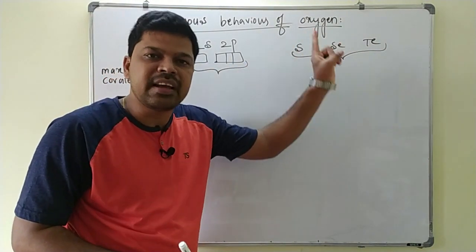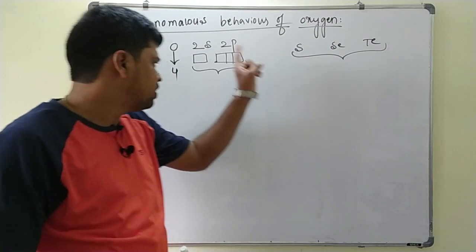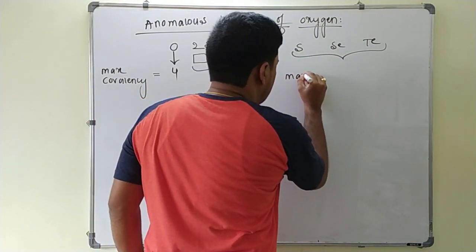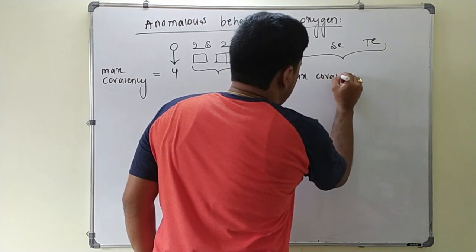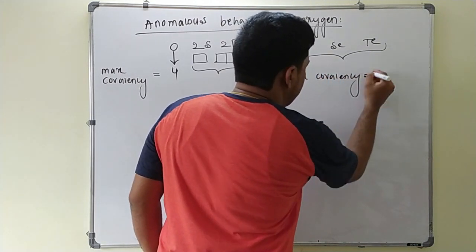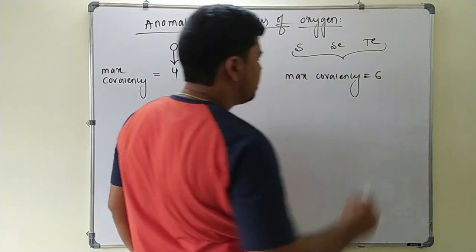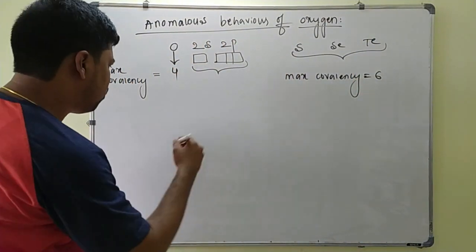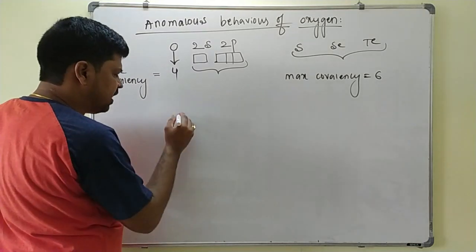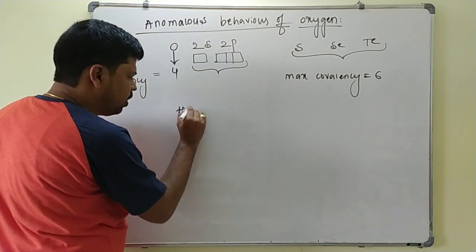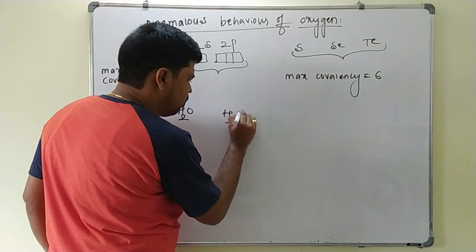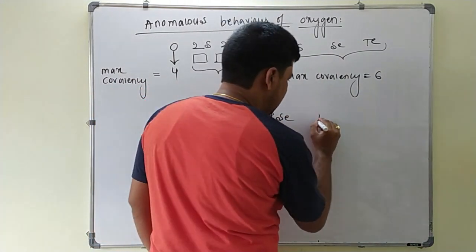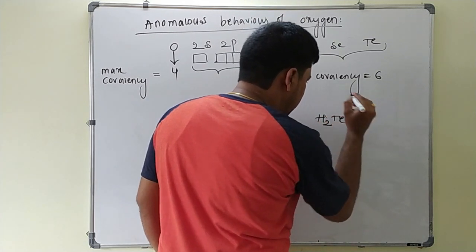The remaining elements can extend their covalency beyond 4, but oxygen is only 4. So the maximum covalency in the remaining elements will be equal to 6. Okay, this is the point of difference. Next, if you go for hydrides of group 16, water molecule, next H2S, H2Se and H2Te.